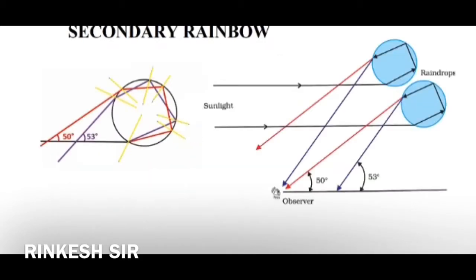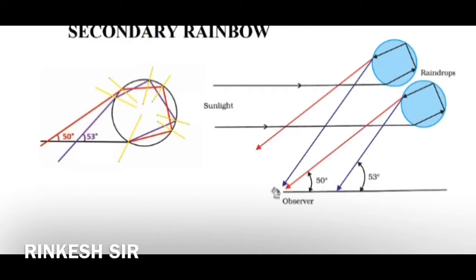So when there are multiple raindrops, see, this is the observer. He observes from the first raindrop the violet light reaching his eyes, and from the droplet below, he observes that the red light reaches his eyes. Okay, so what will he observe? He will observe violet light at the top and red light at the bottom.